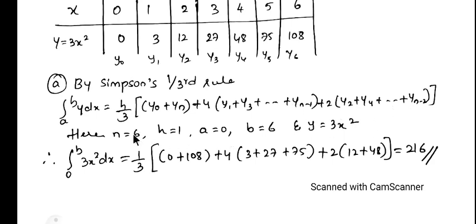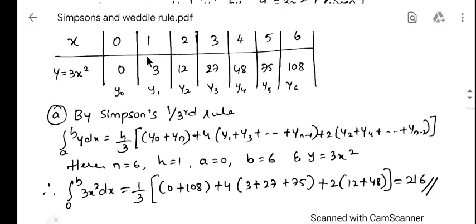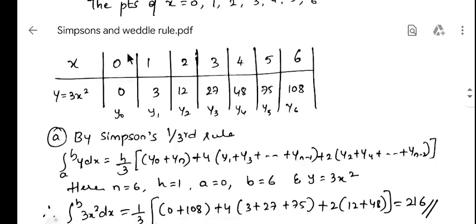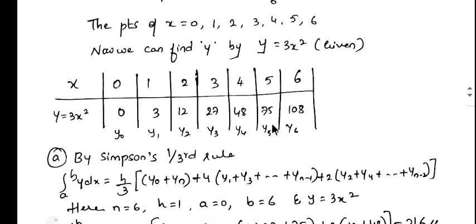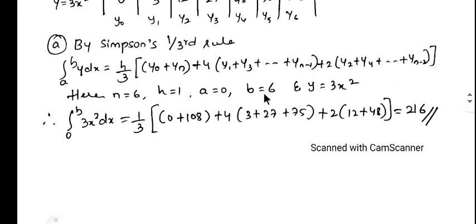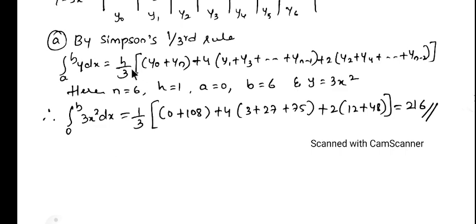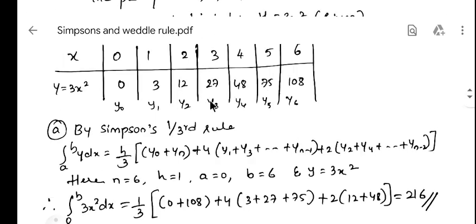Now n is equal to 6 as they have given, h is equal to the common length, that is 1, a is equal to 0, b is equal to 6, equation y is equal to 3x square. Now substitute in the above equation all the values from the given table.